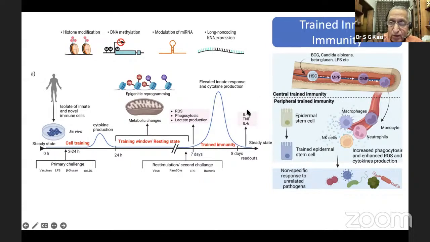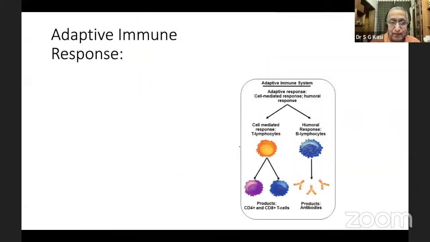If it was occurring only in the peripheral antigen presenting cells, the duration of this trained innate immunity would not have been more than a few weeks. But there is definite evidence to show that this trained innate immunity lasts for a very long period of time because these changes occur right in the stem cells. So trained innate immunity works against related and unrelated pathogens, and it lasts for a pretty long time.